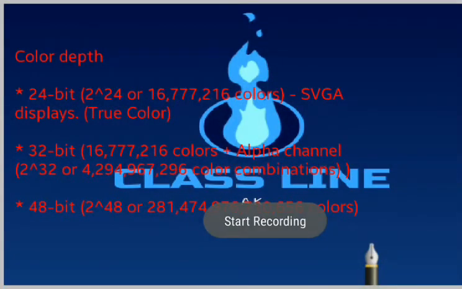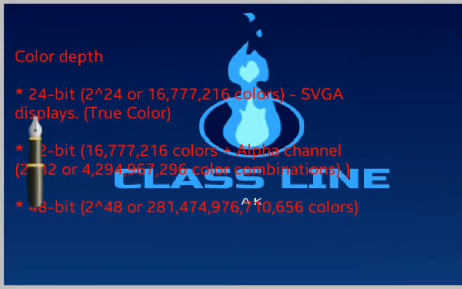Okay, now let's be more clear about color depth. So 24-bit equals 2 to the power 24, or 16777216 colors, as in VGA display.